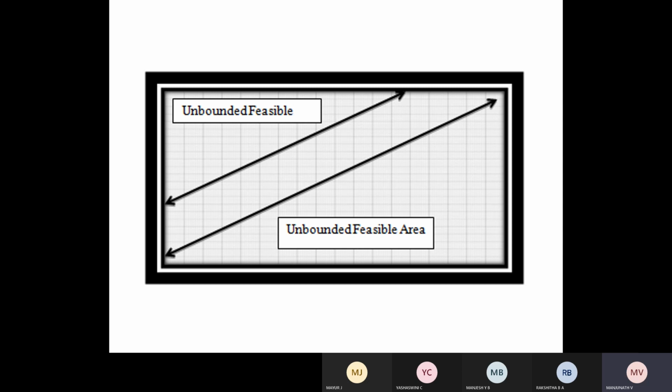It is decreasing infinitely. Next, the second line CD, with more than or equal to constraints.